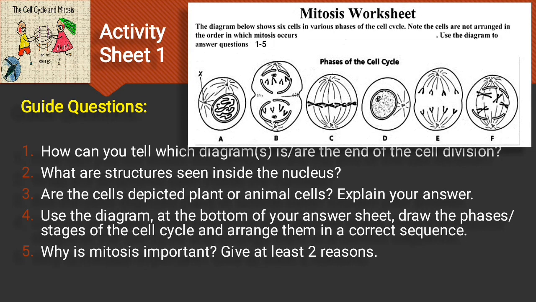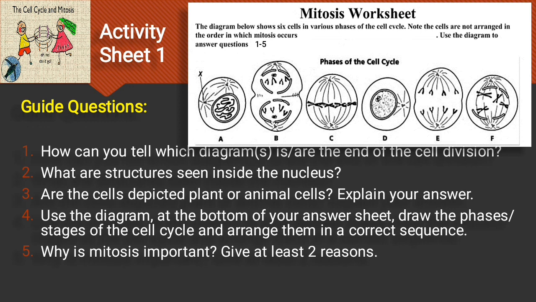Activity sheet number 1. The diagram below shows 6 cells in various phases of the cell cycle. Note, the cells are not arranged in the order in which mitosis occurs. Use the diagram to answer the following guide questions. 1. How can you tell which diagrams are the end of the cell division? 2.